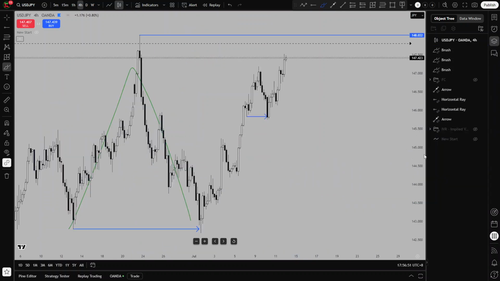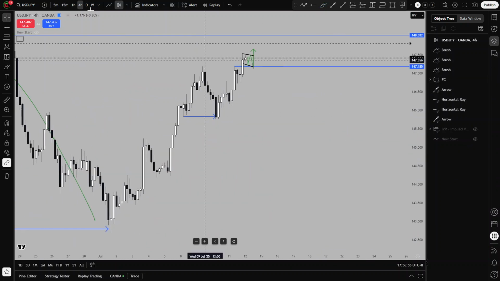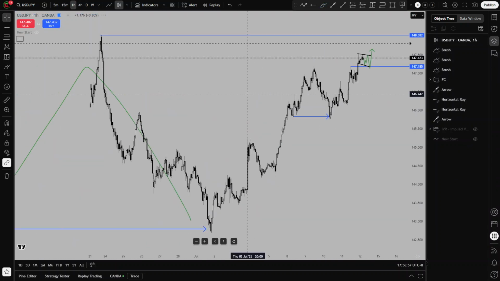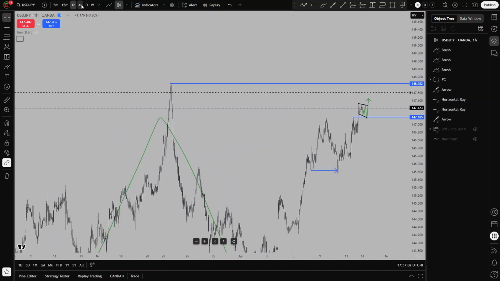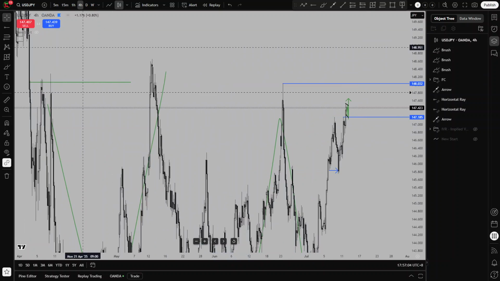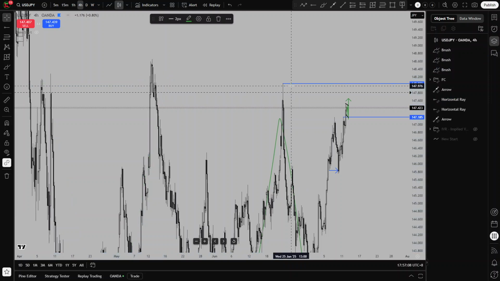Let me go back to the normal scale, and I'm now looking on the 1 hour time frame for price to finish the last leg into this previous high. And when we go back to the 4 hour time frame, let me just clean that up here. I want to keep this.